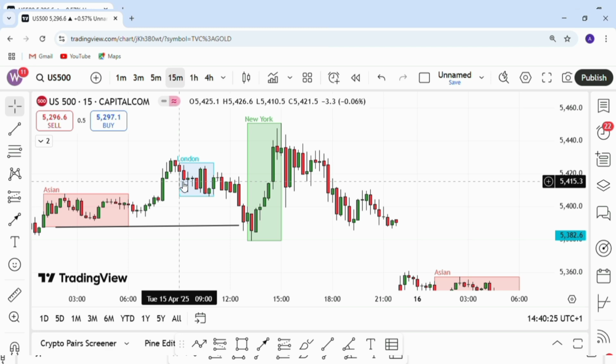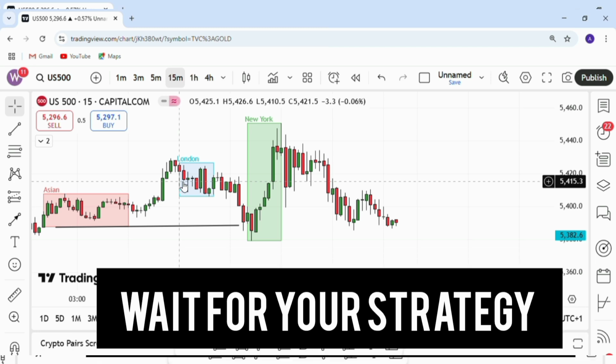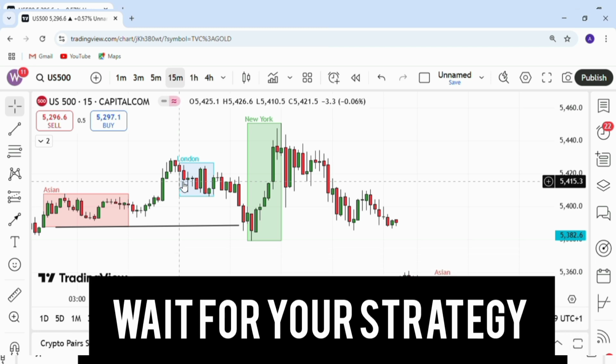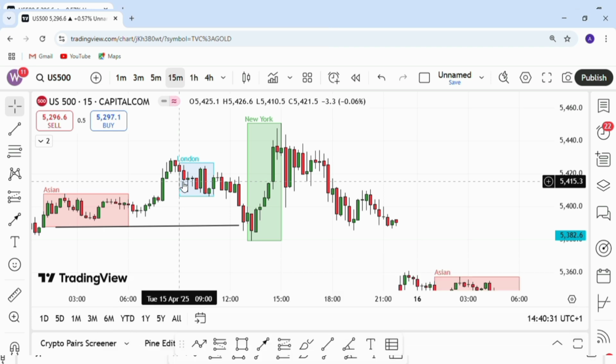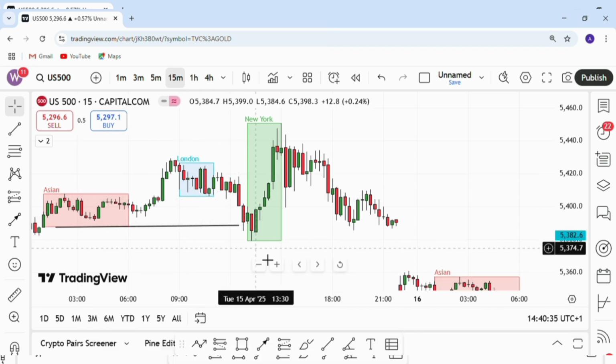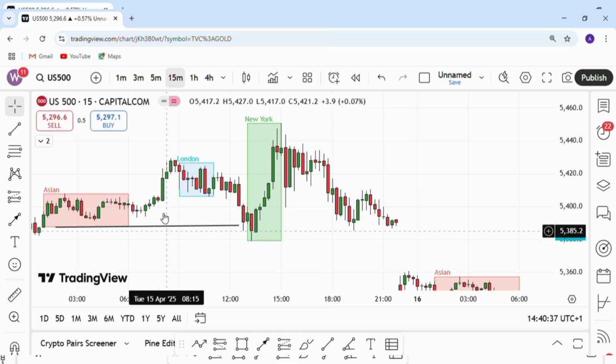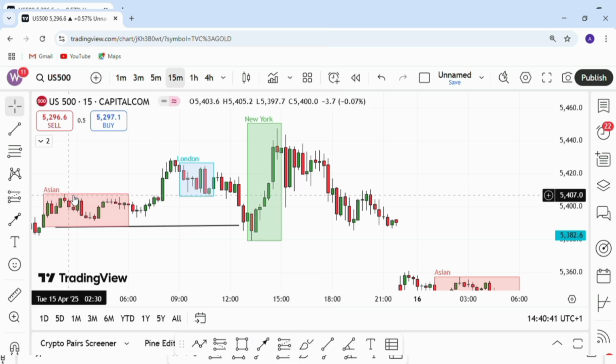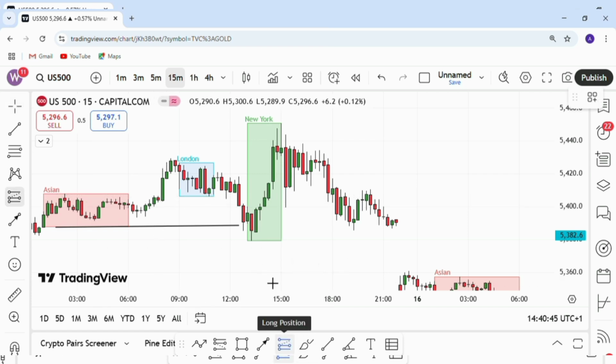This is where some traders get it wrong. Patience. You need to have the patience of waiting. Wait for your strategy to occur, then implement it. Let me show you something. Let me say here is a fair value gap, here is an order block, and this is a break of structure. Let me enter here.